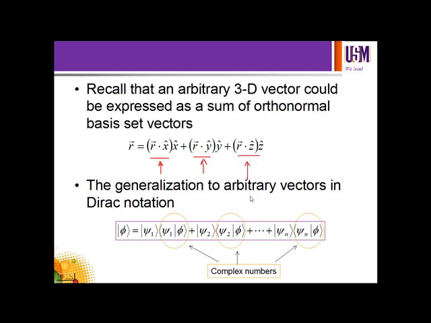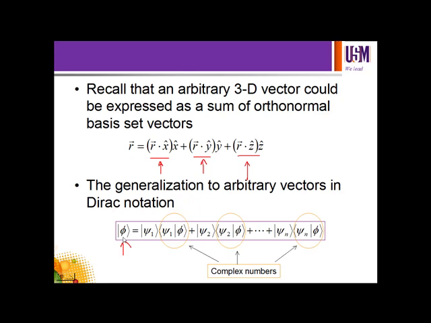So now the generalization to arbitrary vectors in Dirac notation. In terms of Dirac notation, a vector phi here.